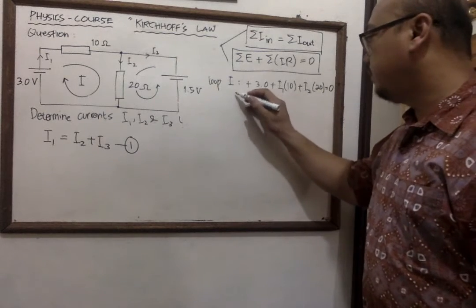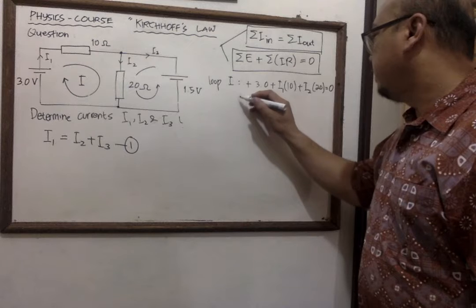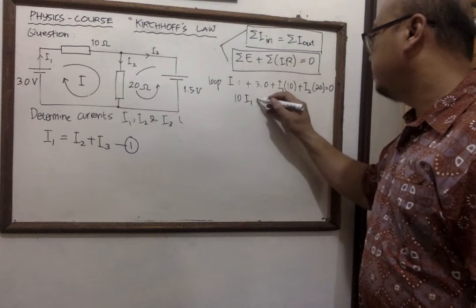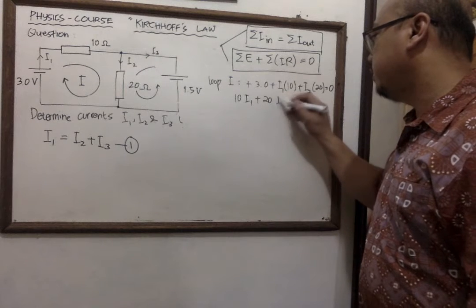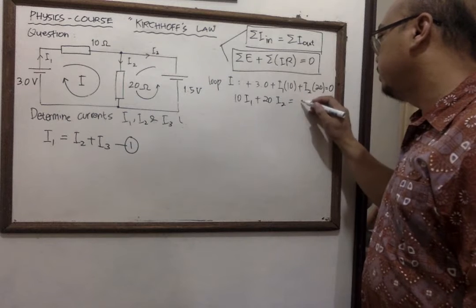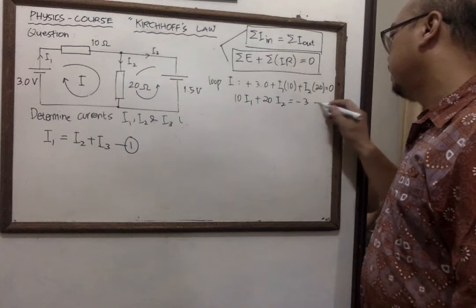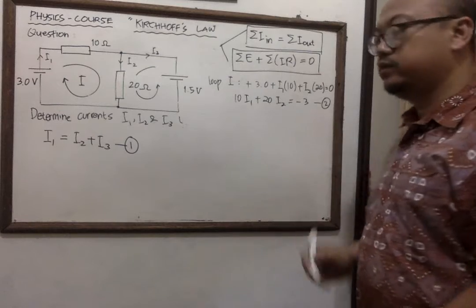We simplify that to 10 I1 plus 20 I2 equals minus 3. Let's say this is equation 2.